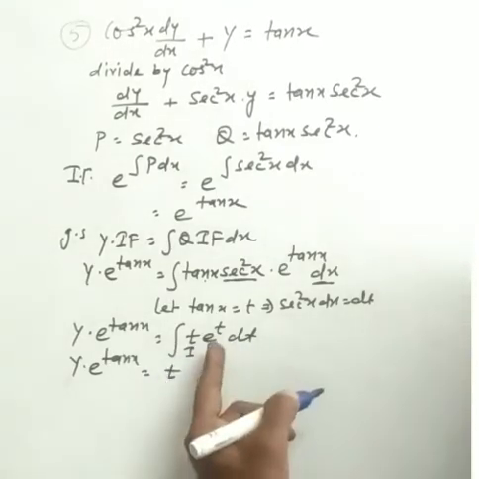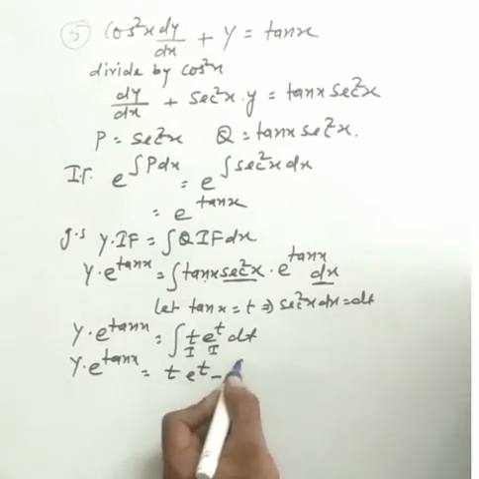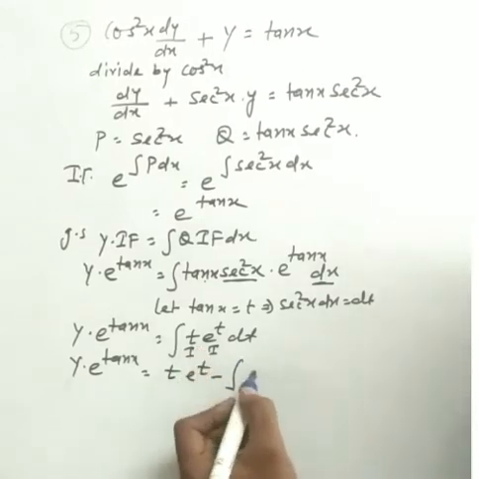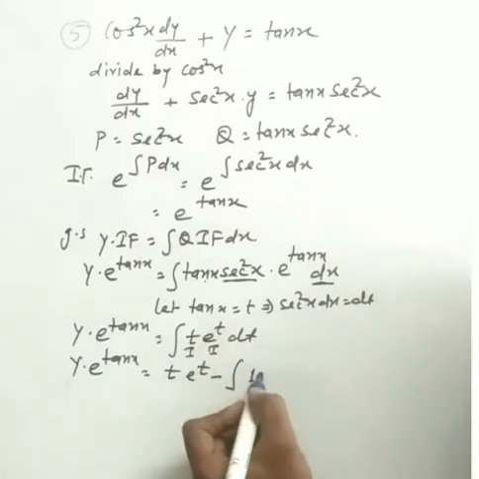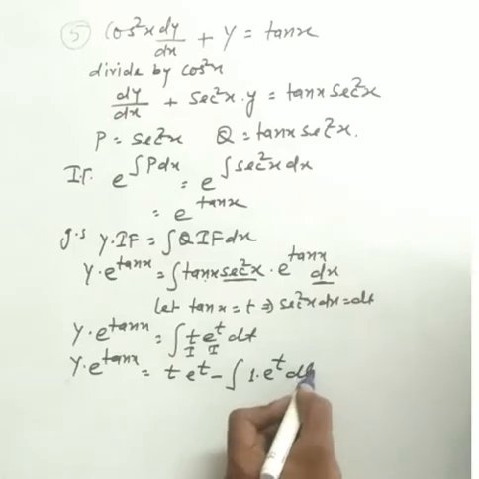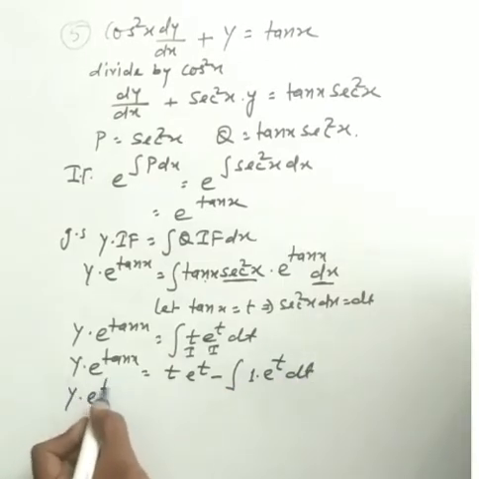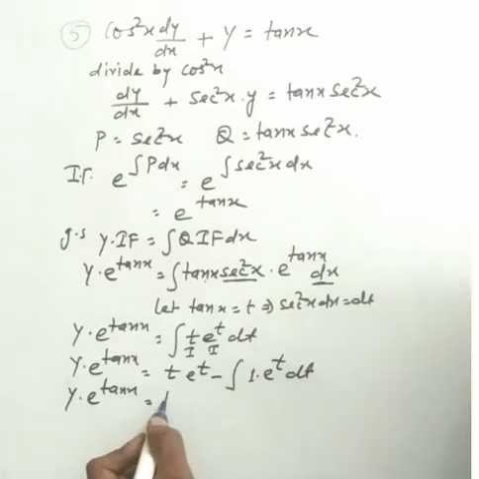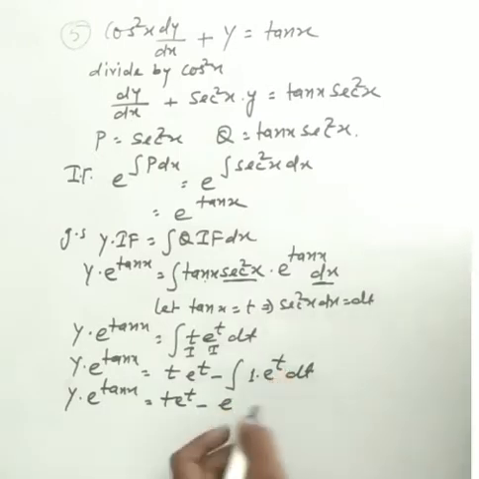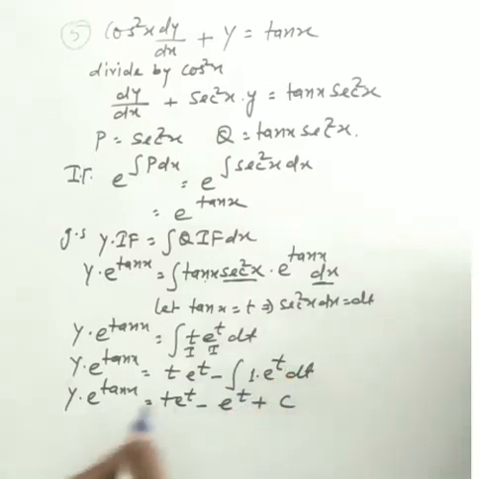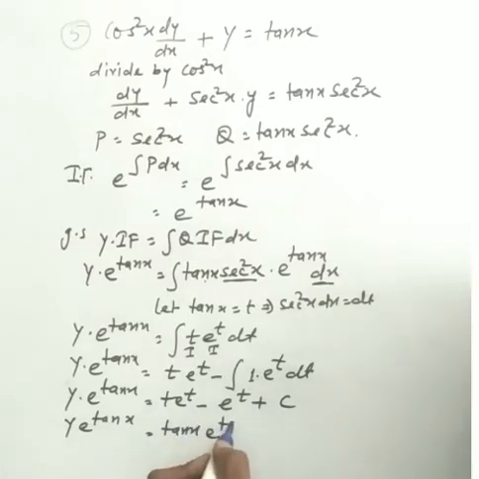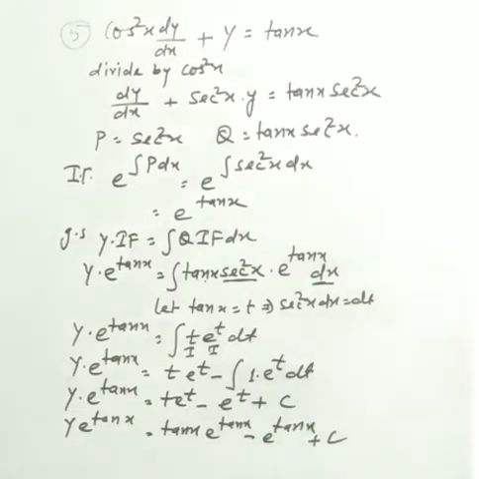First function times integration of second, minus integration of d/dx of the first, which is 1, times integration of the second, e to the power t, dt. So y e to the power tan x equals t e to the power t minus e to the power t plus c. Y e to the power tan x equals tan x e to the power tan x minus e to the power tan x plus c. That is the answer.